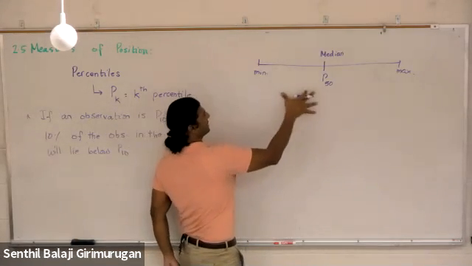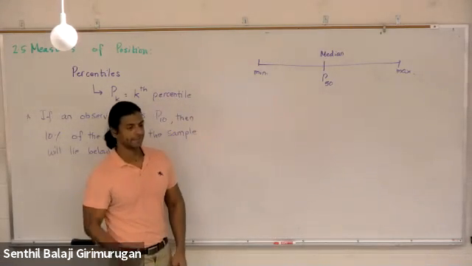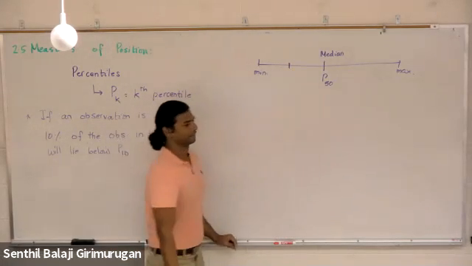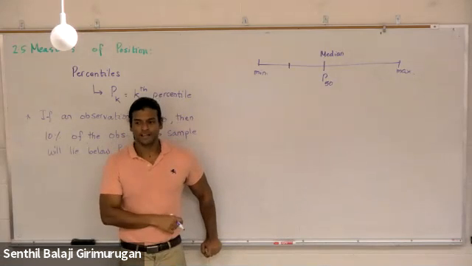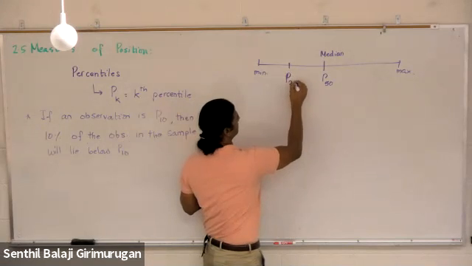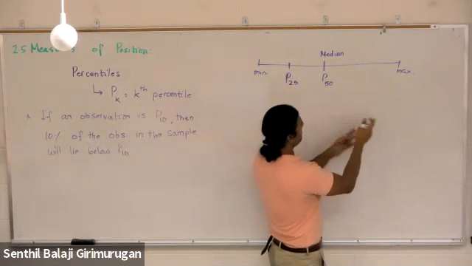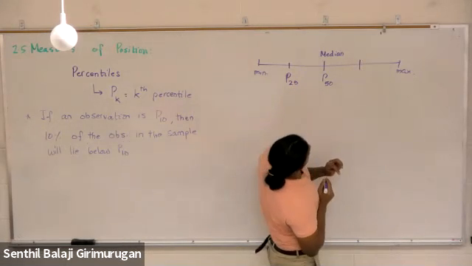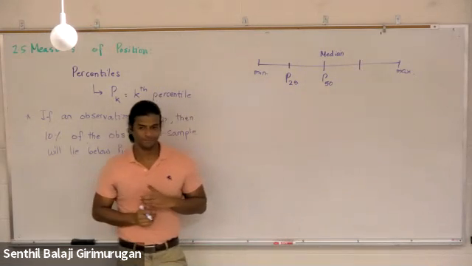If I cut the lower half of the data exactly in half, what should I call that? P25. If I cut the upper half of the data right in the middle, what would I call that?